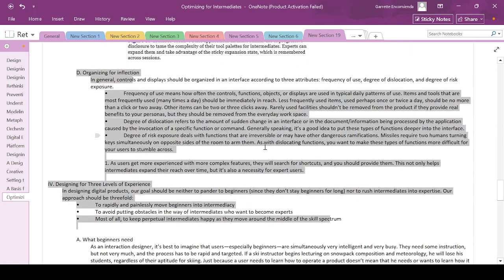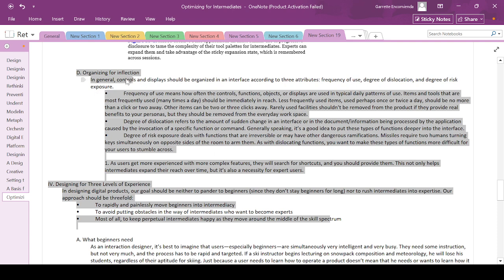Organizing for inflection. In general, controls and displays should be organized in an interface according to three attributes: frequency of use, degree of dislocation, and degree of risk exposure.